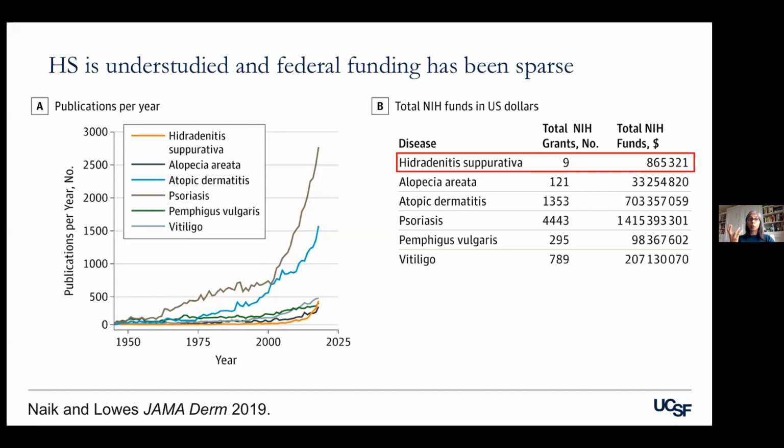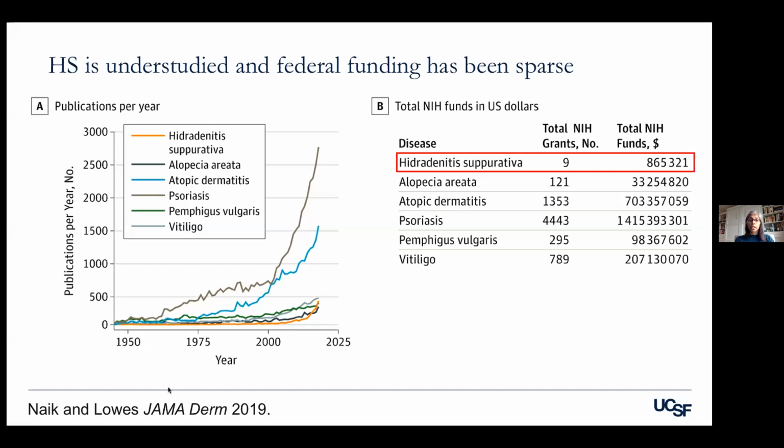And to really put this in perspective, what we're talking about is just around $1 million in federal funding for HS-related research as compared with over $1.5 billion for psoriasis-related research. So there's a huge gap there when we think about funding and grants awarded for relatively equivalent diseases in terms of prevalence.